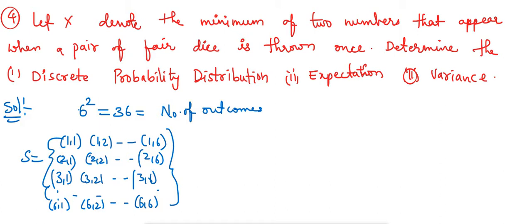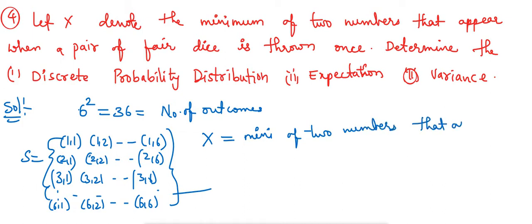But in this case, the random variable capital X assigns the minimum number of the two numbers that appear on the dice.